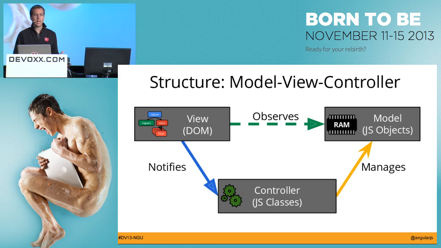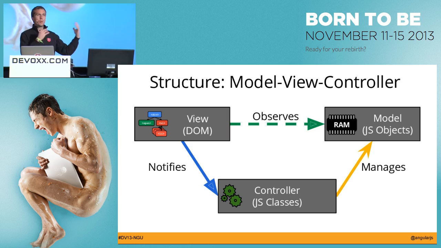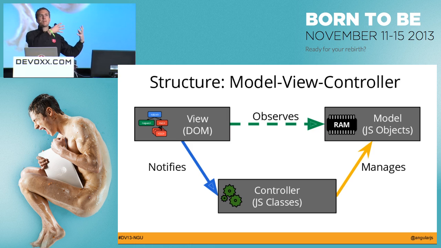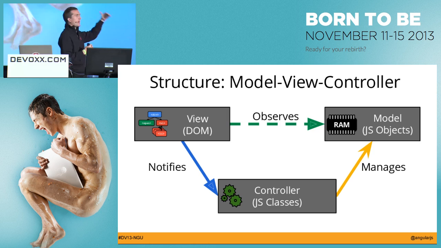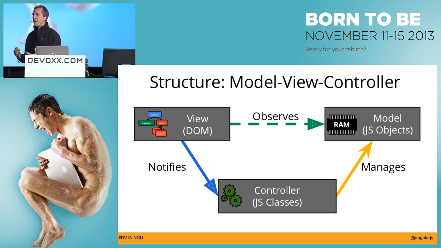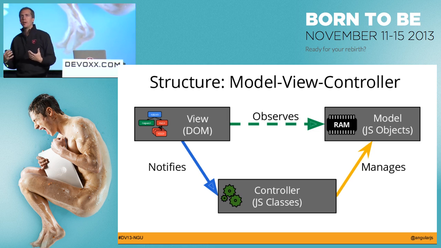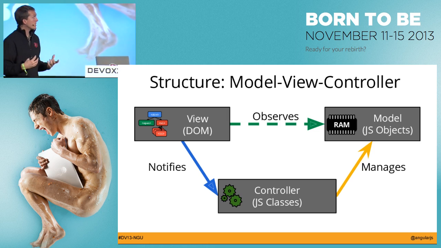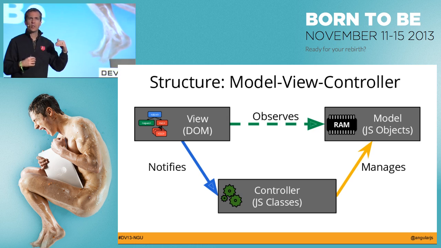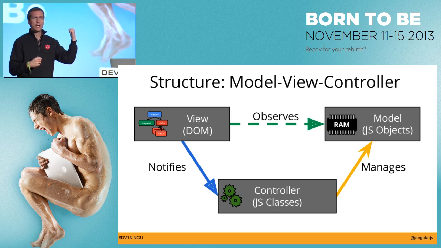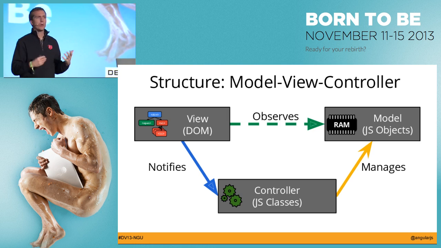So the flow of the application is that I load the page up, my view renders, it pulls in data from the model. If a user interacts with my page, it notifies the controller that something happened. And then this is where it gets a little different. If I've built applications in jQuery or some other libraries, the temptation is, in my controller, to go, oh, I need to go register some callbacks with the DOM and do some work there.